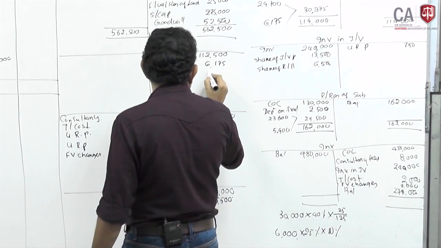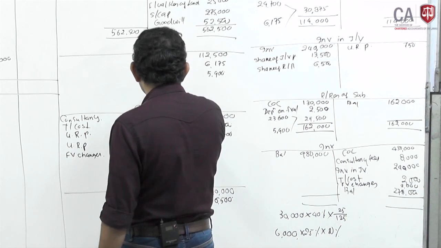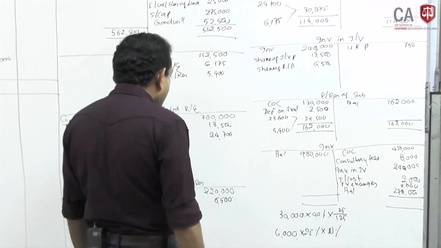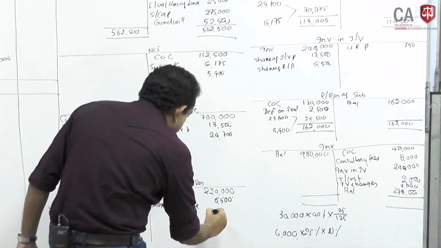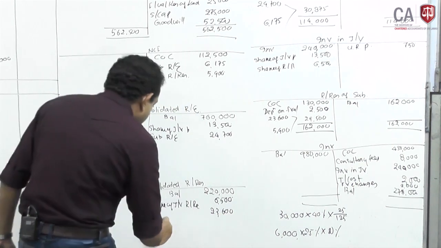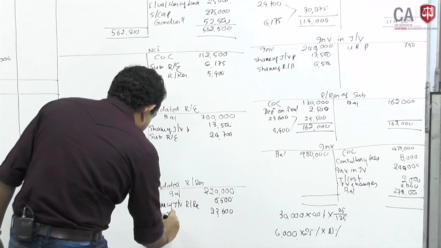Credit NCI by 5,900, subsidiary company's revaluation reserves. Credit the balance amount of 23,600 to consolidated revaluation reserves, subsidiary company's revaluation reserves.